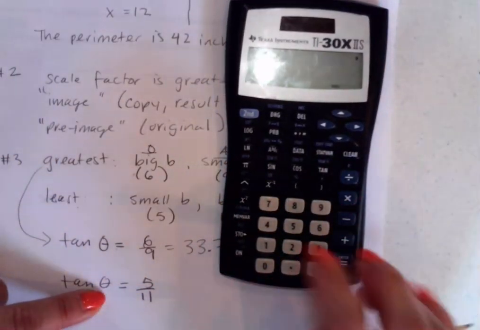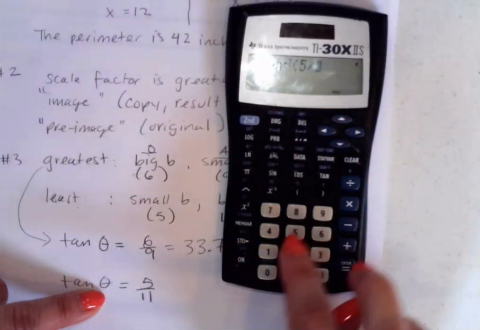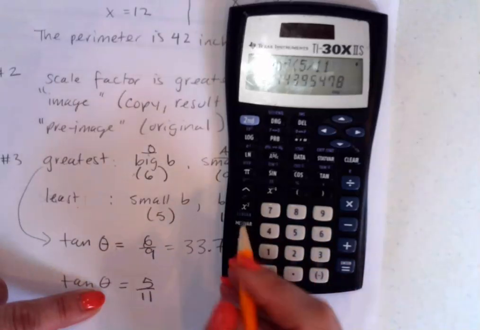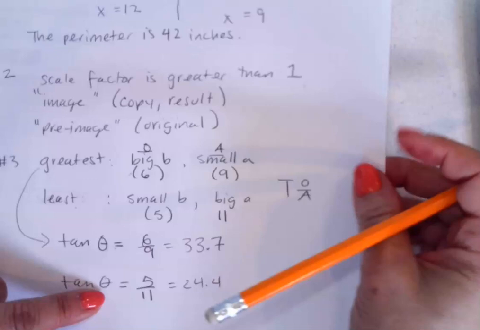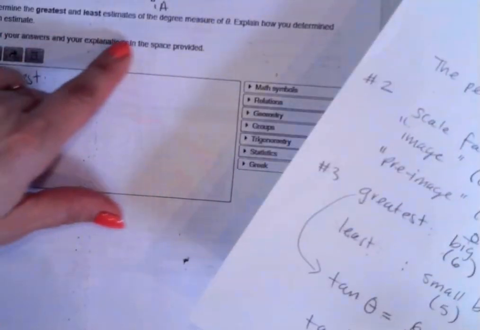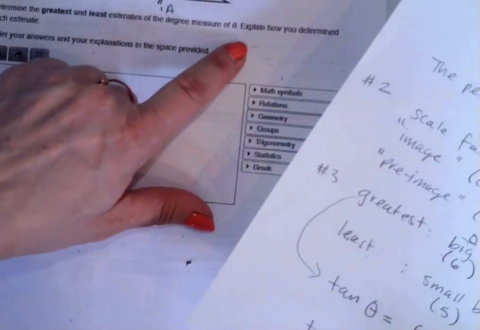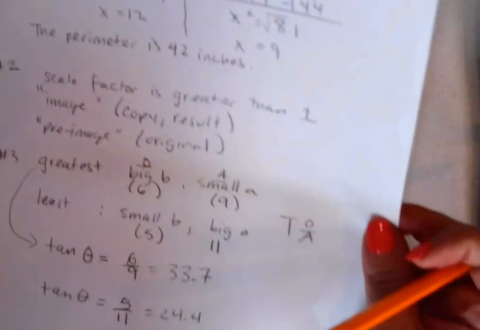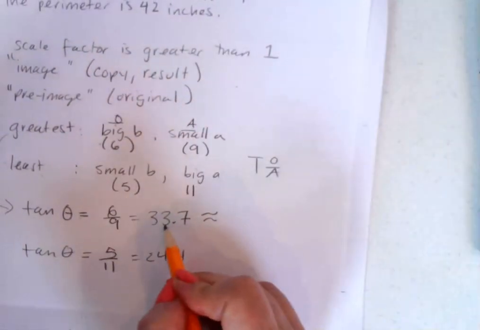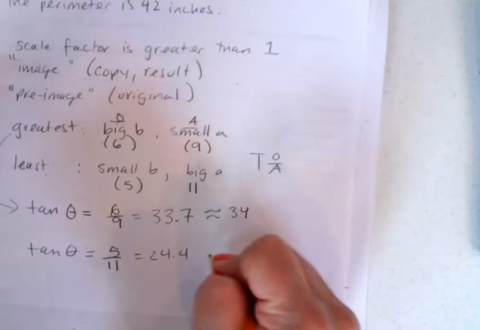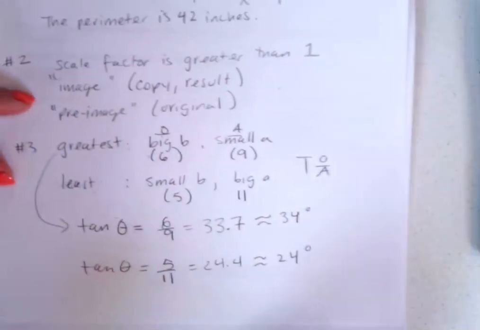And let's do second tan of 5 divided by 11, which is 24.4. All right, let's check. Does it say nearest degree measure? I think that means we're going to round to the nearest whole number. So we need to round up here to 34. And this is going to stay at 24 degrees.